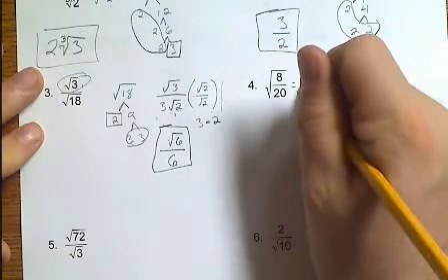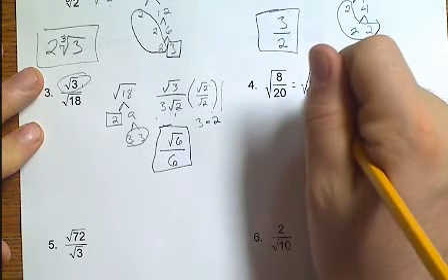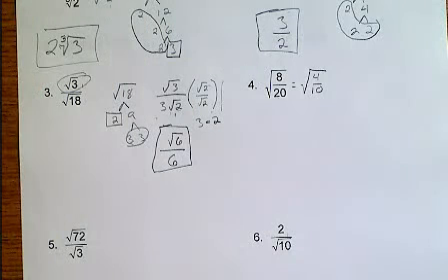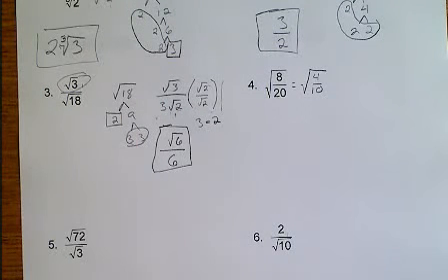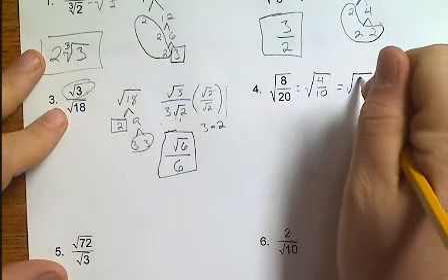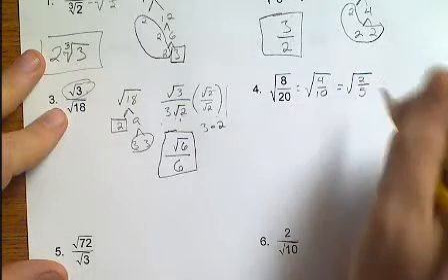That equals the square root of 4 over 10, which can be simplified even further to 2 over 5.